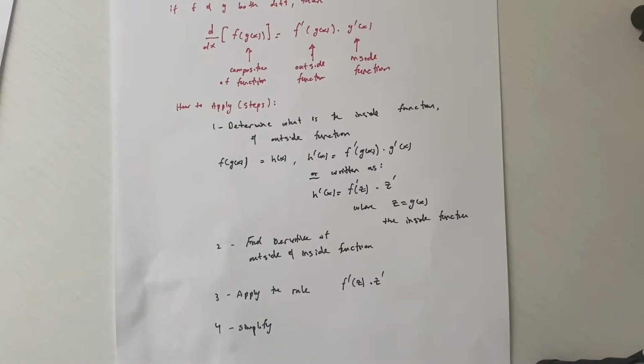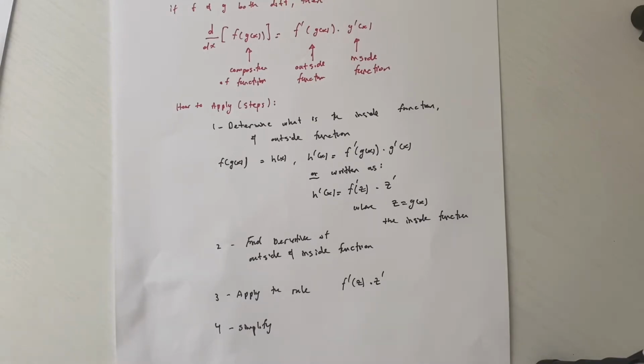So when we have a composite function and we want to take the derivative, we'll follow these steps. First, we have to determine what is the inside function and what's the outside function. The inside function we'll call z, and the outside function we're gonna call f of z.